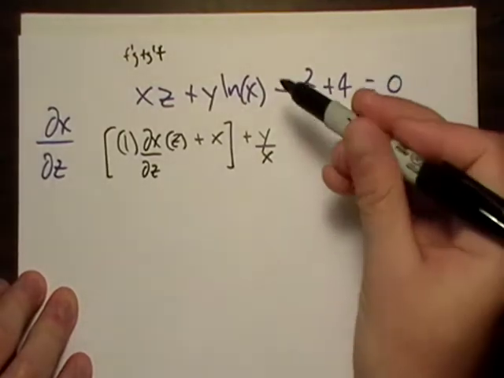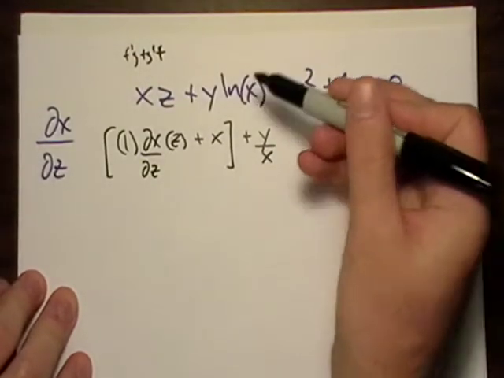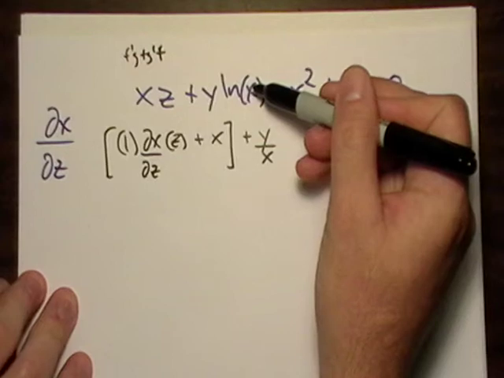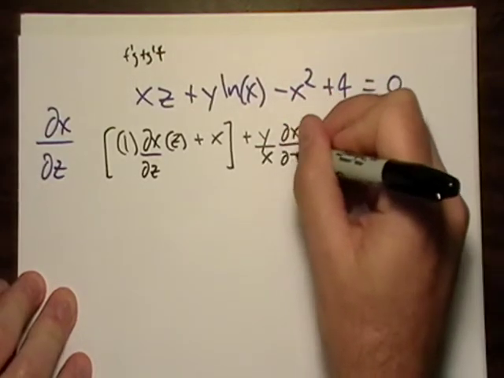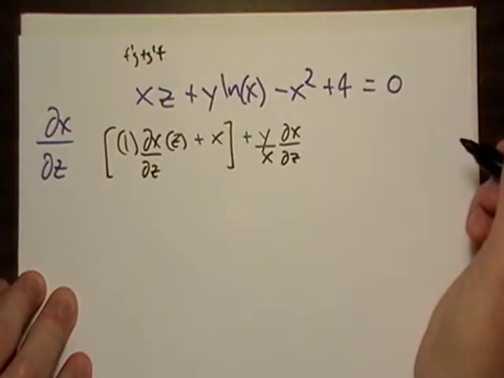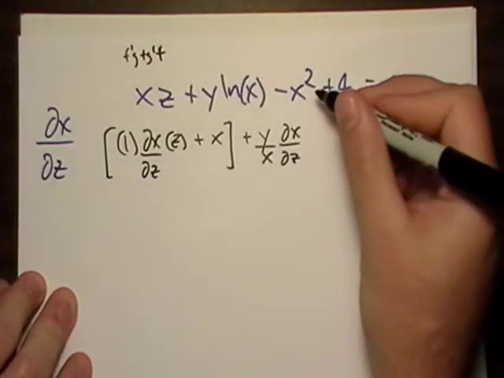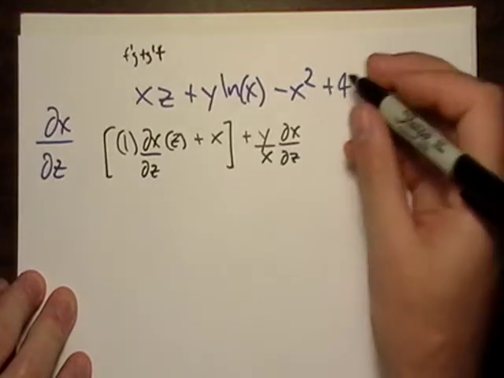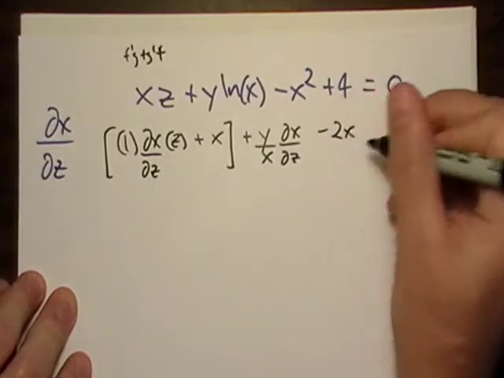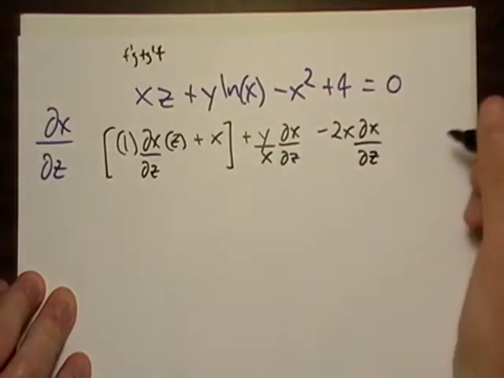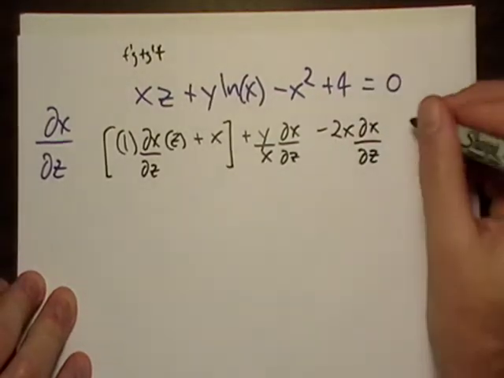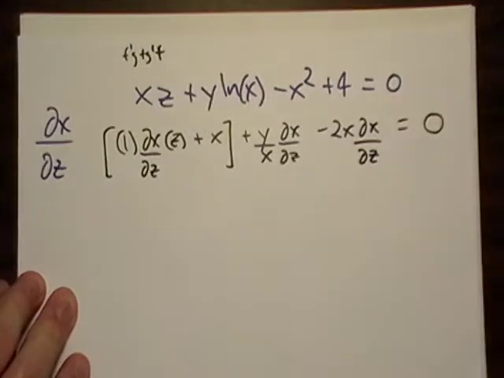Like I said, this is the dependent variable, so I'm going to take the derivative of it, but I'm just going to remind myself that there's more work to do. And then right here, I pretty much got the same thing. I need negative 2x, and I'm going to remind myself that there's stuff to do. The 4 just goes to 0.